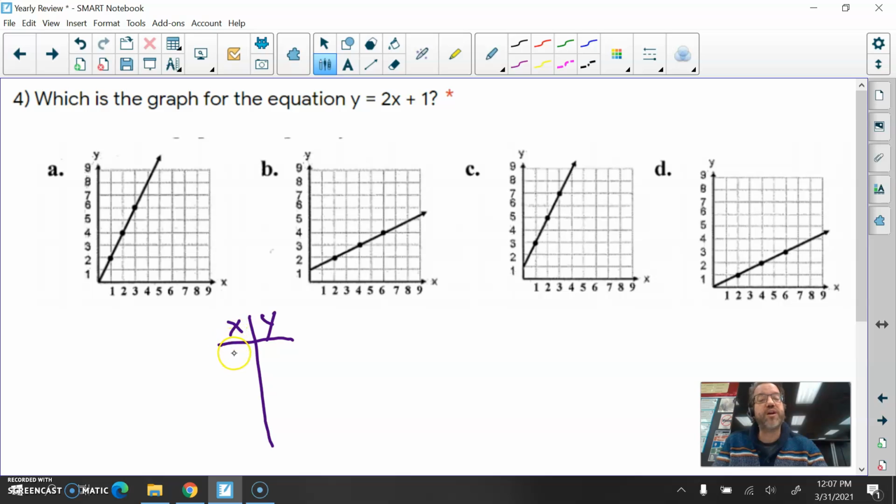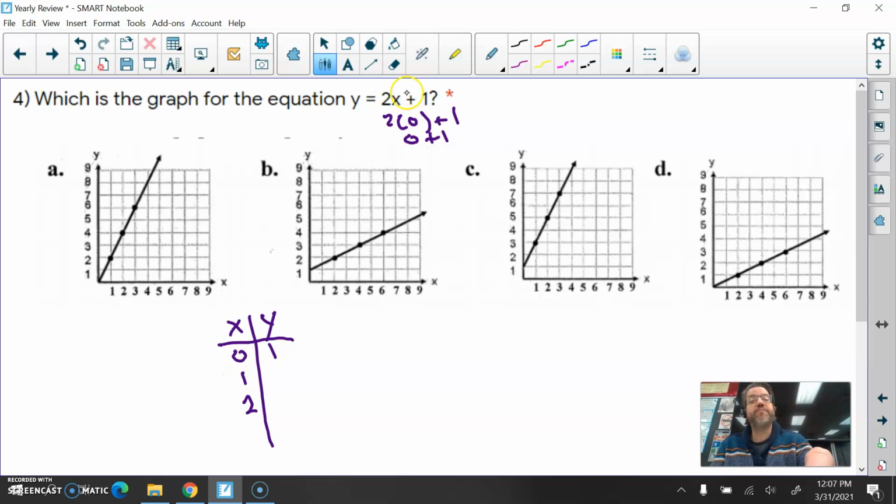Like try 0, maybe try 1, maybe try 2, for your x values, and see what you get for your y values. If x is 0, then we have 2 times 0 plus 1. 2 times 0 is 0, and 0 plus 1 is 1. So when x is 0, y ends up equaling 1.